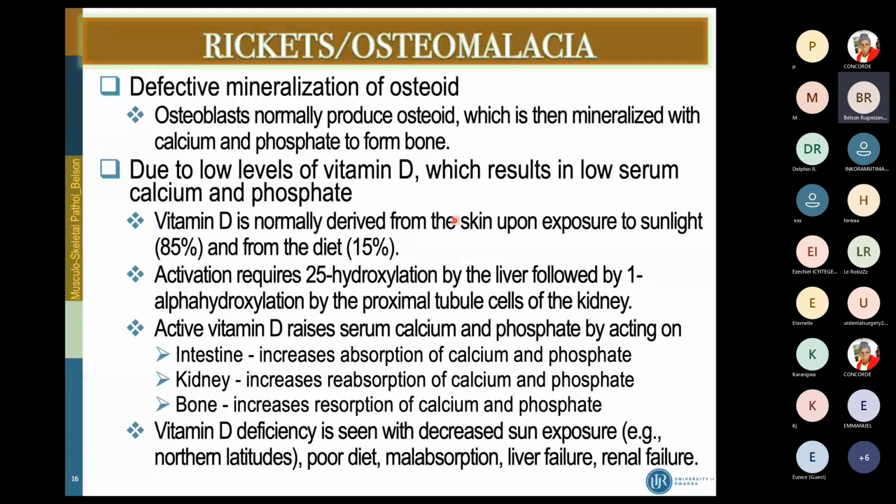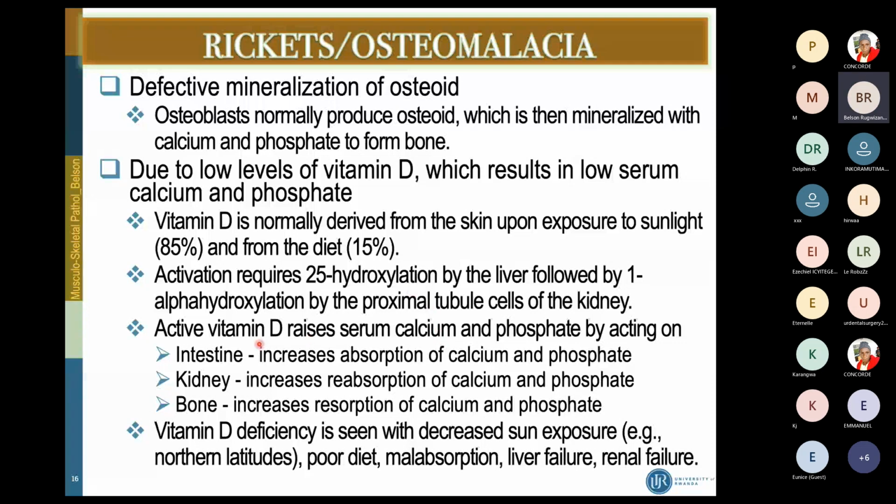The other source is the diet, what we eat. Activation requires hydroxylation by the liver, followed by alpha hydroxylation by the proximal tubule cells of the kidney. So you will understand that someone also having renal problems will automatically have problems with vitamin D.